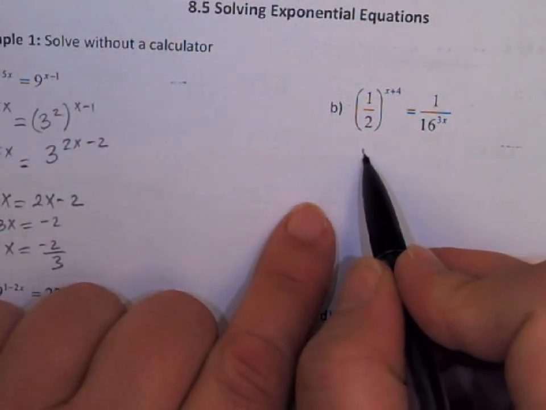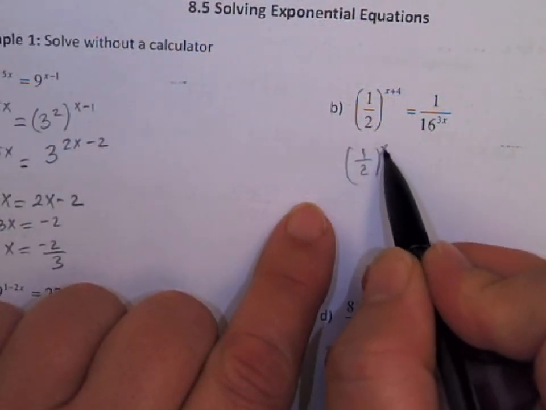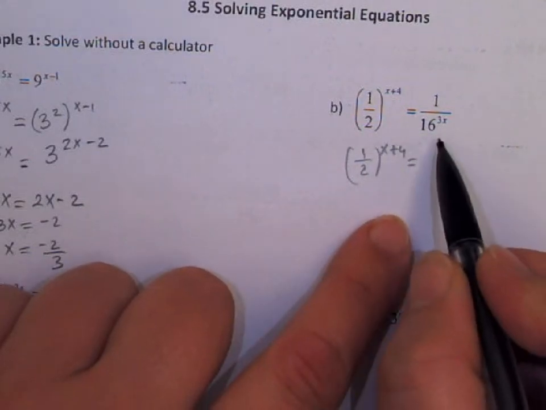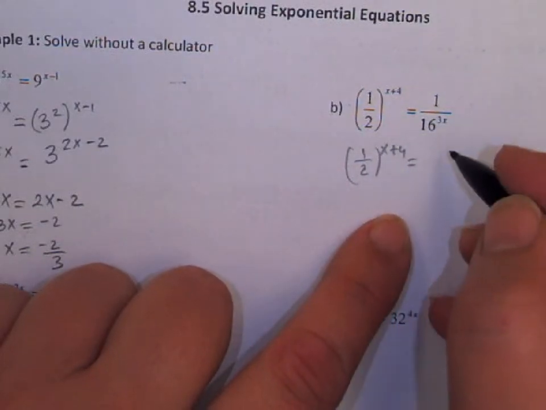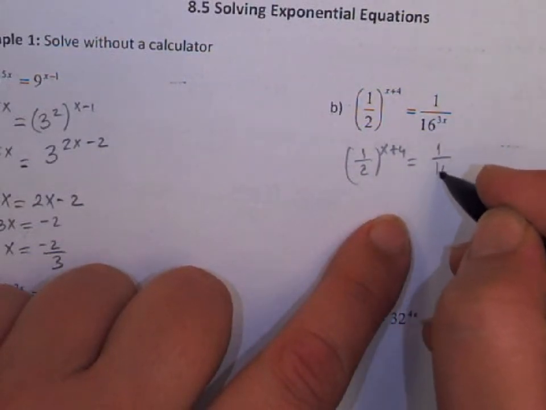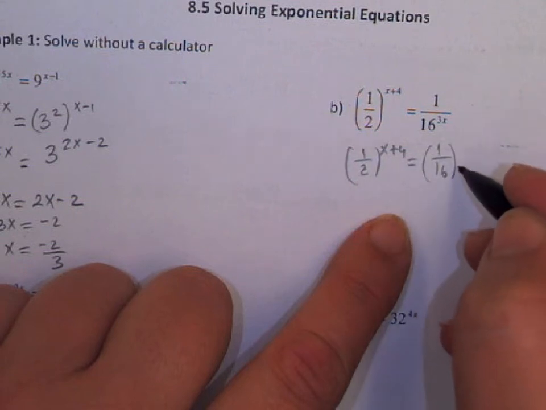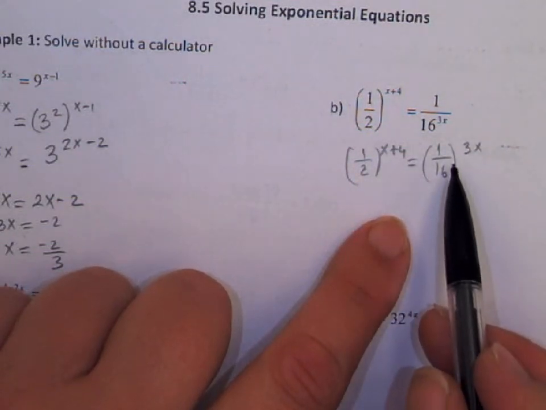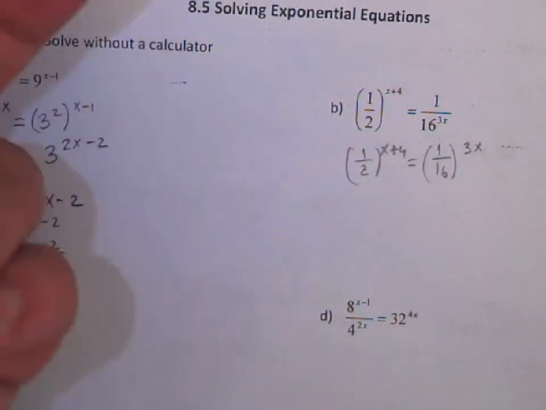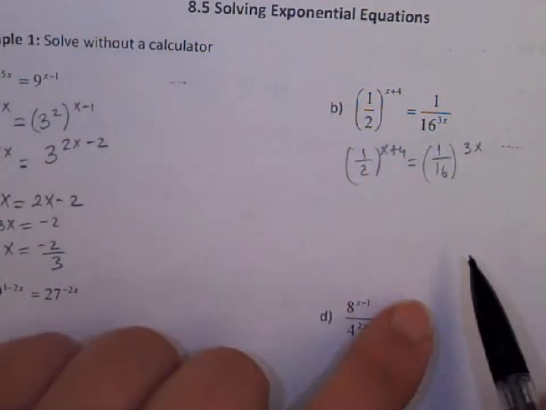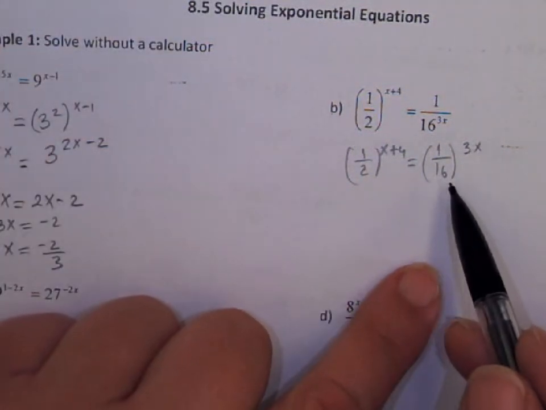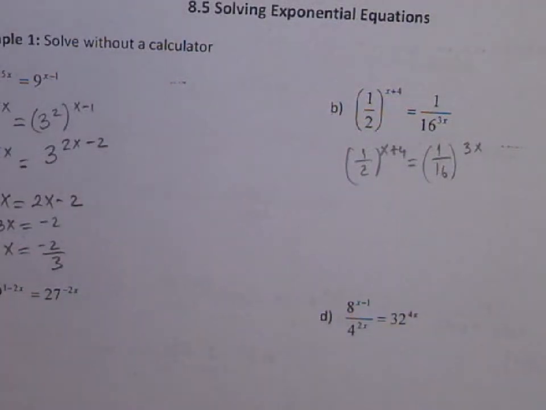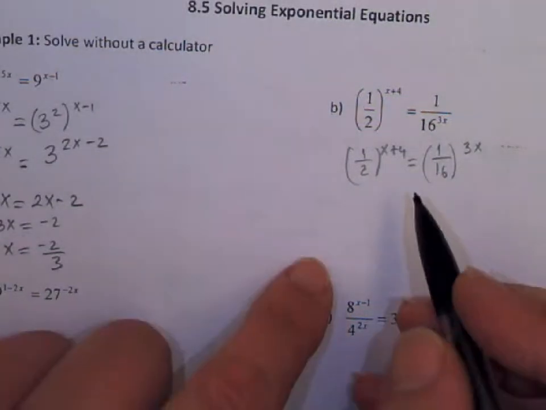If you use 1 over 2, first you can get rid of that 3x if it is confusing for you. So that gives you 1 over 16 to the power of 3x, because 1 to the power of anything gives you 1. Okay, now can you see that 1 over 16 is (1 over 2) to the power of 4.